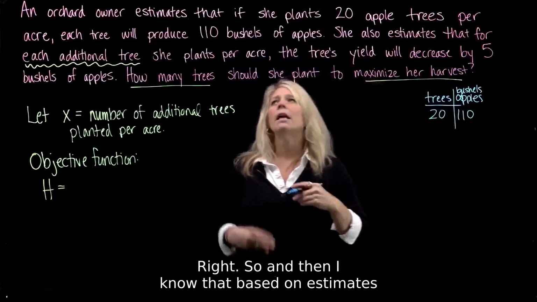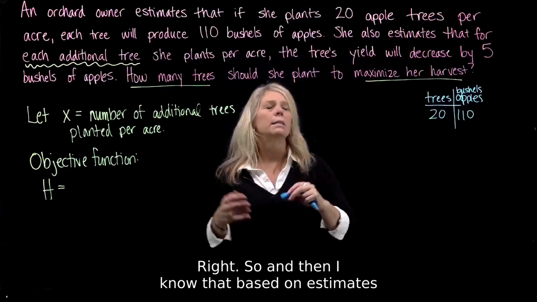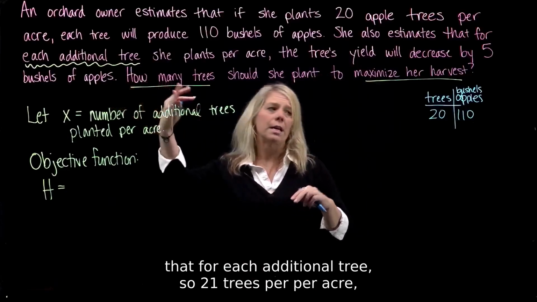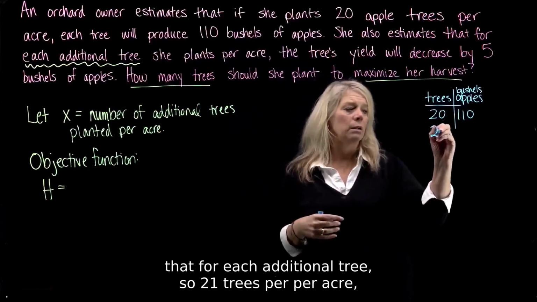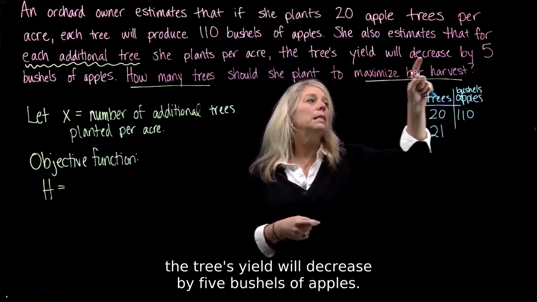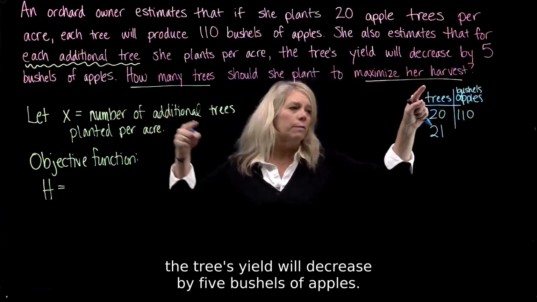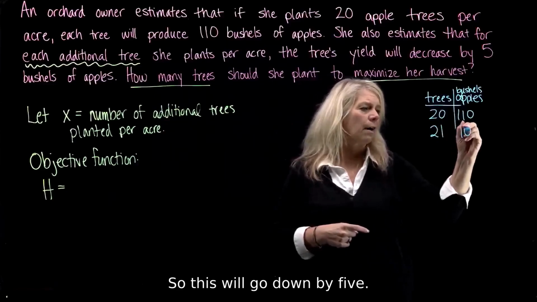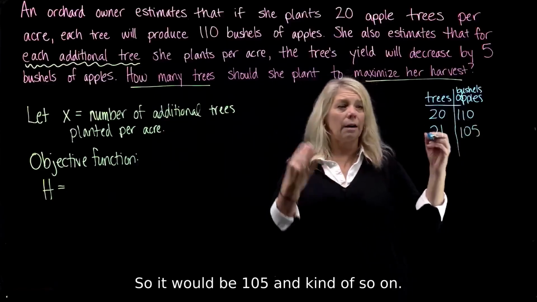So, and then I know that based on estimates that for each additional tree, so 21 trees per acre, the tree's yield will decrease by 5 bushels of apples. So this will go down by 5, so it would be 105, and kind of so on.